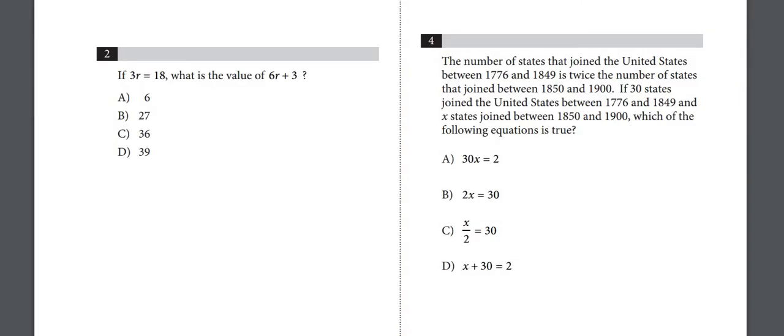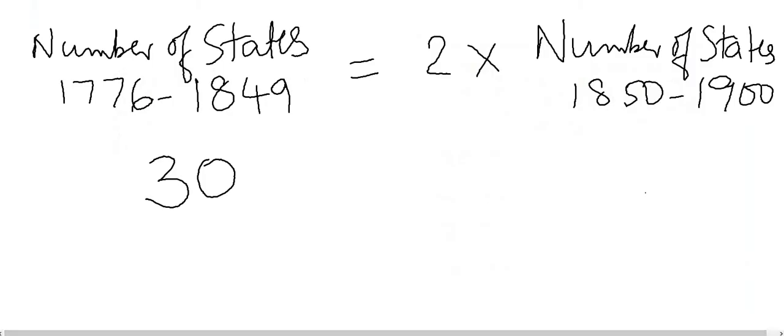So we got that down in the equation, and X states joined later, right? X states joined later. Okay. So 30, let's continue that equation, is 2 times. And they're saying number of states that joined between 1850 to 1900 is X. Right?